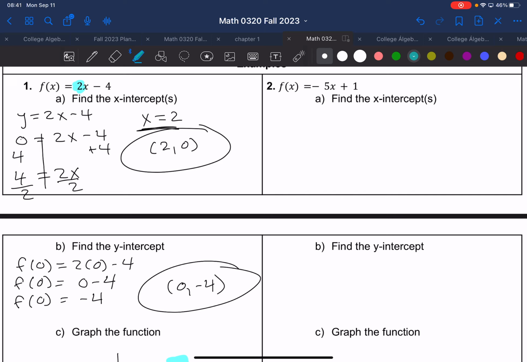Follow the same method as number 1. In the first one, you are going to get a fraction, okay? Just make sure we turn that fraction into a decimal because we're going to make it into a point.